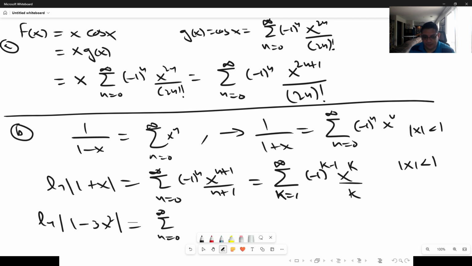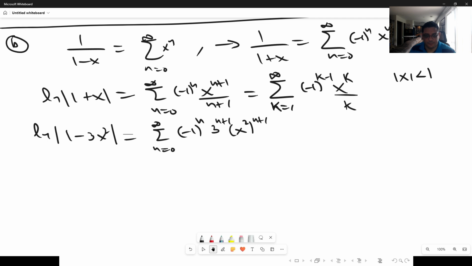But now here we can see this as minus 1, and if I use this one here, minus 1 to the n, and I'm changing this by 3x, so this will be 3 to the n plus 1, and this will be x squared to the n plus 1 over n plus 1, and then you can simplify terms in here.